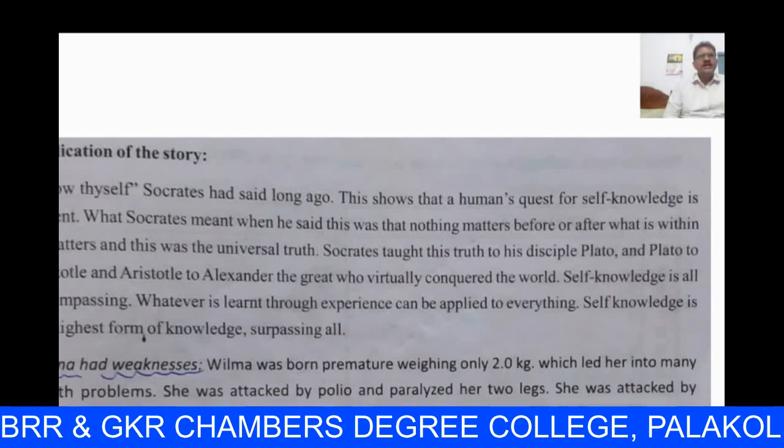Know thyself. We people are knowing so many things, but we fail to know ourselves. That's why, many long years ago, in olden days, Socrates quoted this quotation, know thyself.